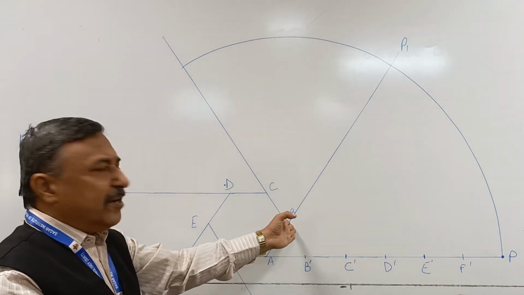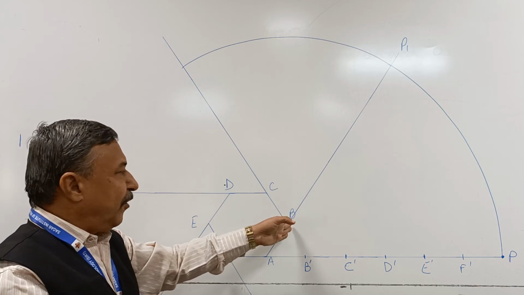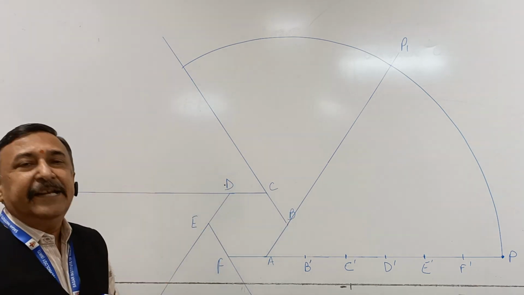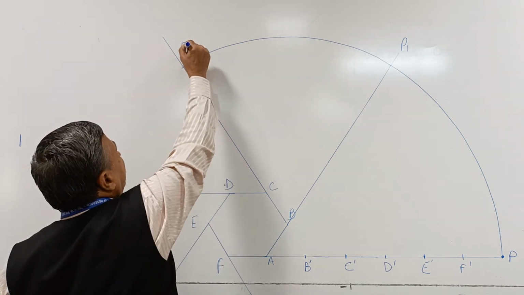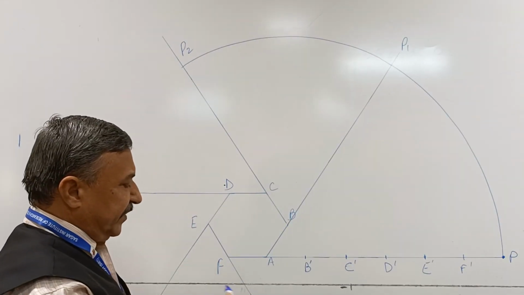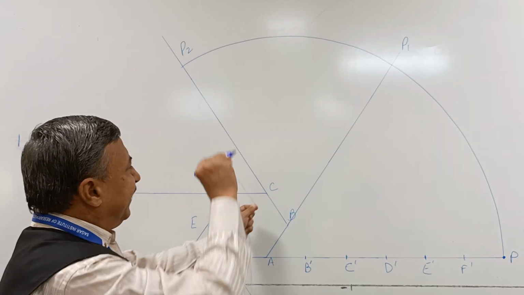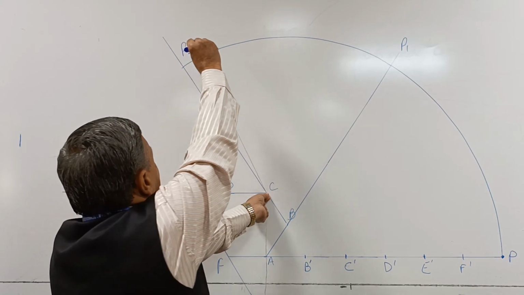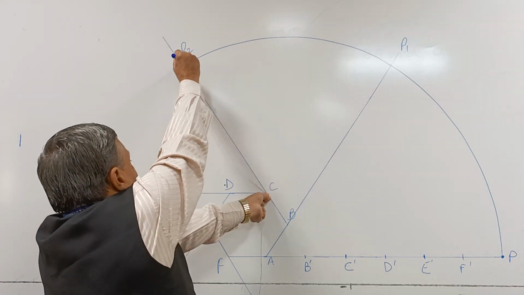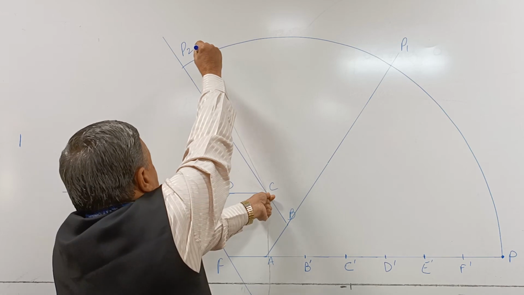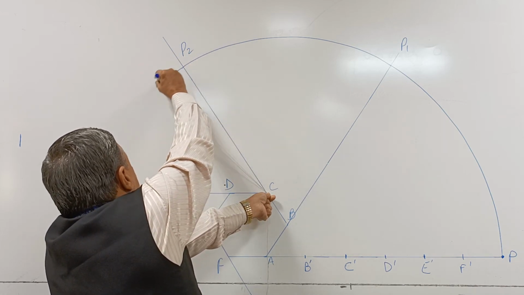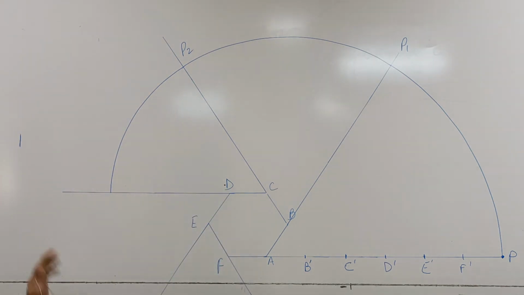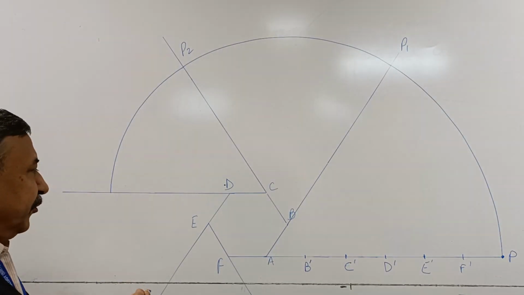We only shift center from B to C, C to D, D to E, and reduce our radius. This is point, suppose P2. Now see here. Take center as C and radius equal to C P2, and construct this arc. Automatically it is going to reduce.